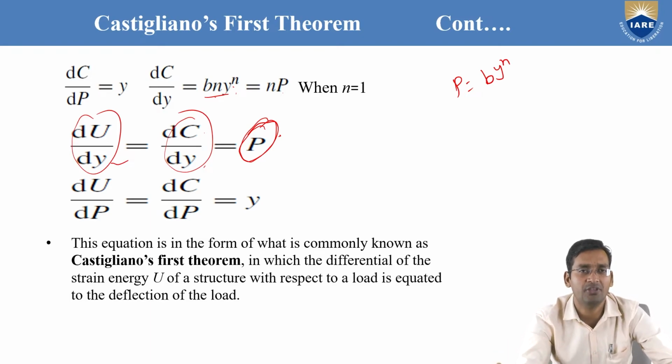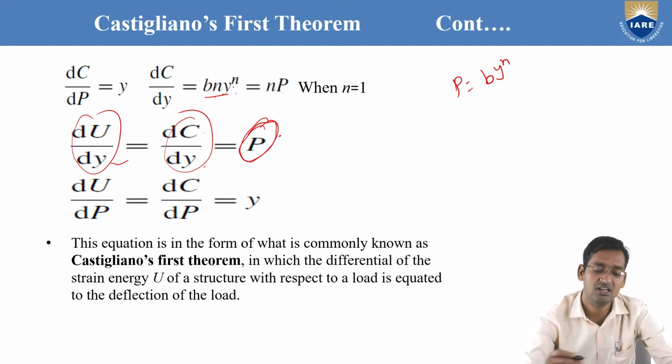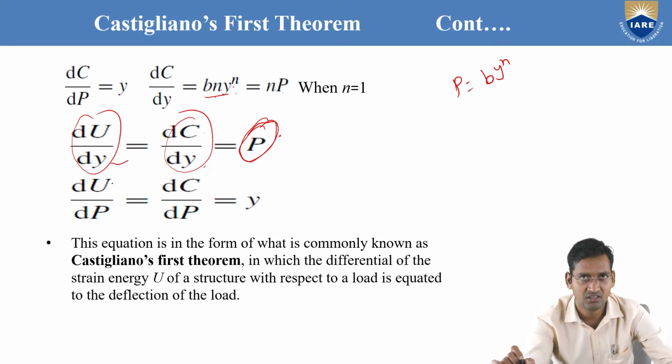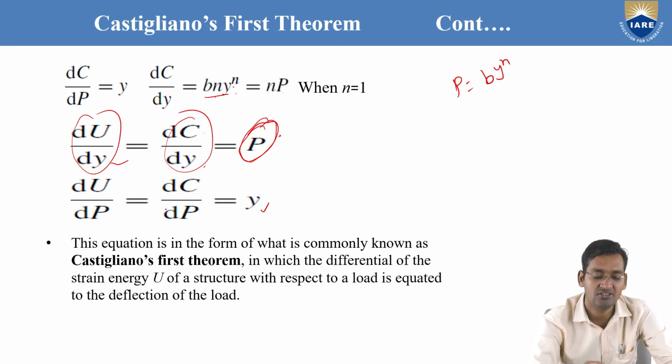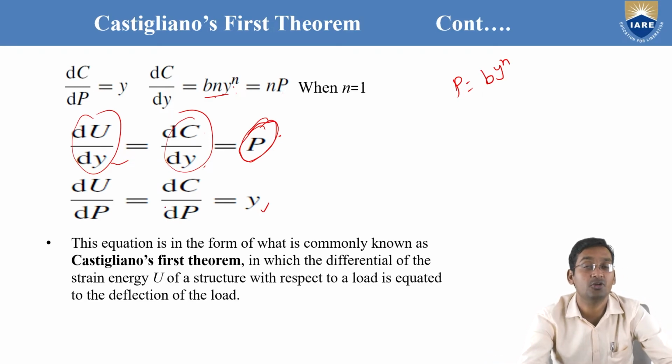So once we have the complementary energy, we can say that is the strain energy, and based on that we can find. Similarly, with respect to P, dU by dP is also equal to dC by dP, which equals y. Another way to say it: when we differentiate the complementary energy with respect to P, we get the deflection.